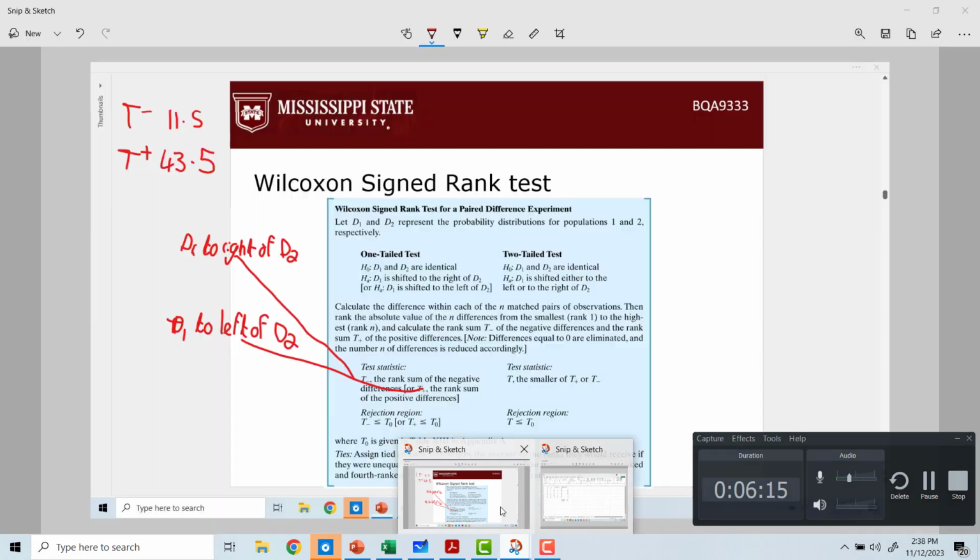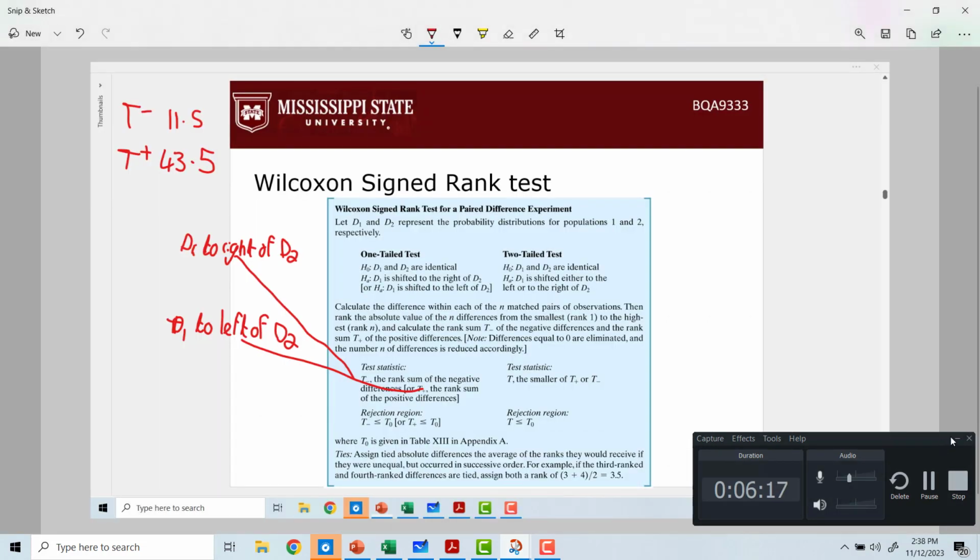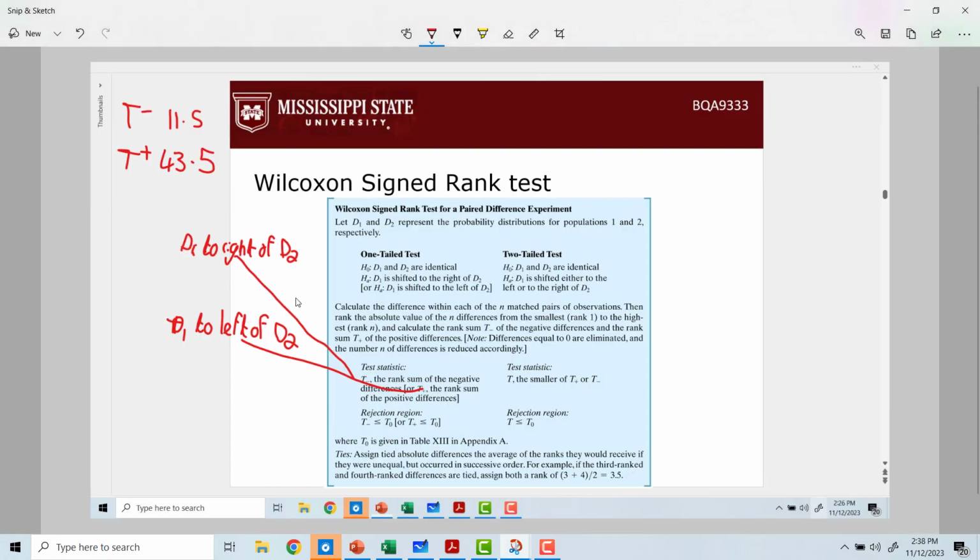Let me just get back to my screen. D1 to the right of D2. This would be, for a parametric test, mu1 minus mu2 is greater than 0, versus mu1 minus mu2 is less than 0.